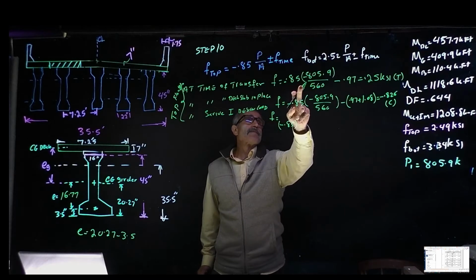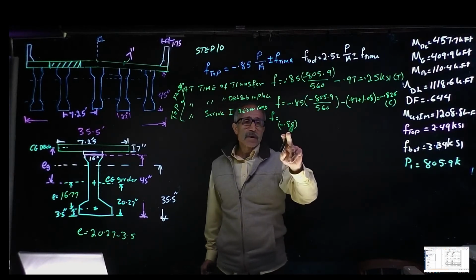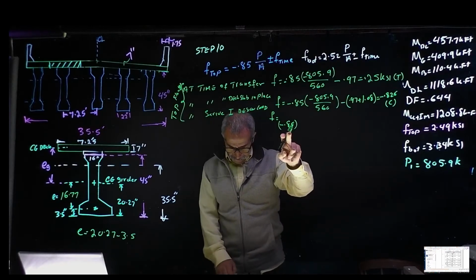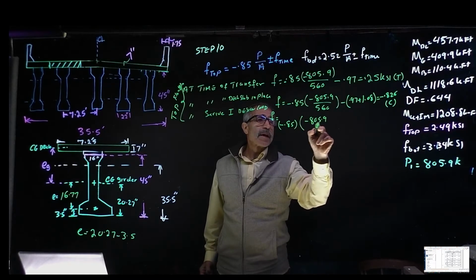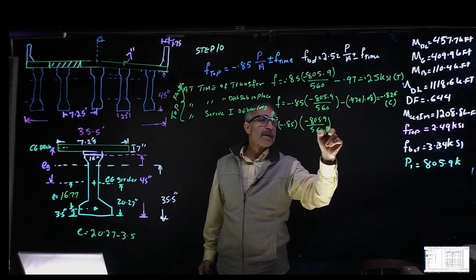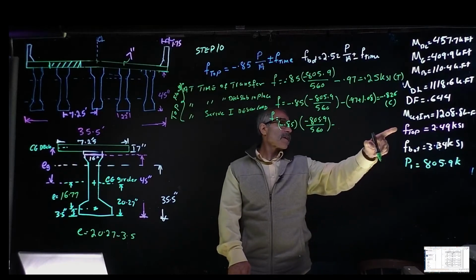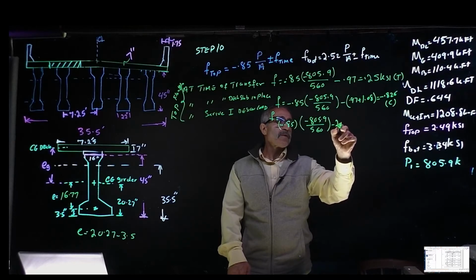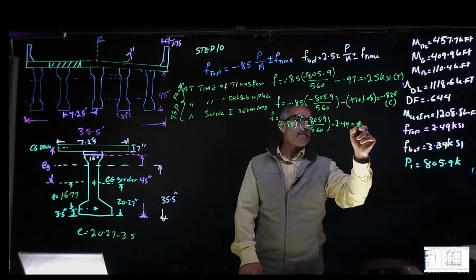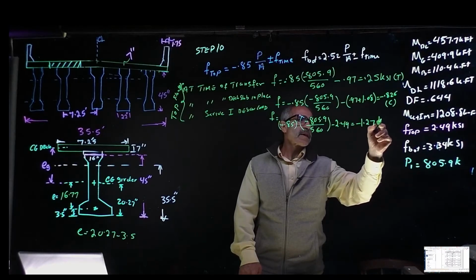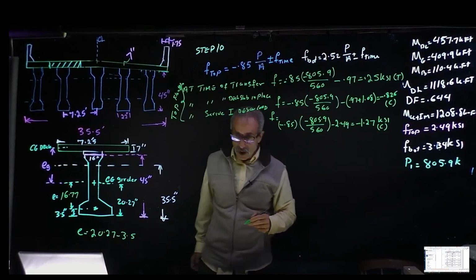Minus times minus is positive. Okay. So minus 0.85 times minus 805.9 divided by 560 minus 249, which was the total, and that gave us minus 127 KSI, and that's in compression because it's negative. So now that was for the top.